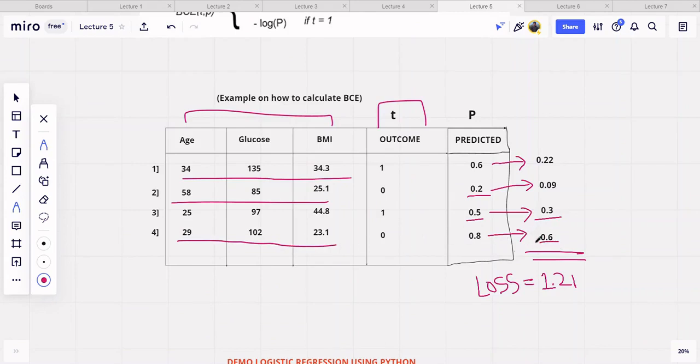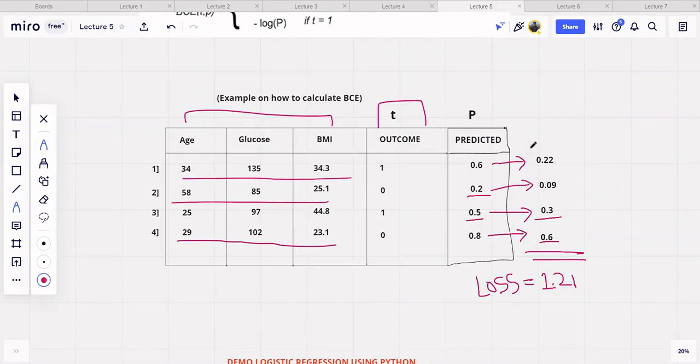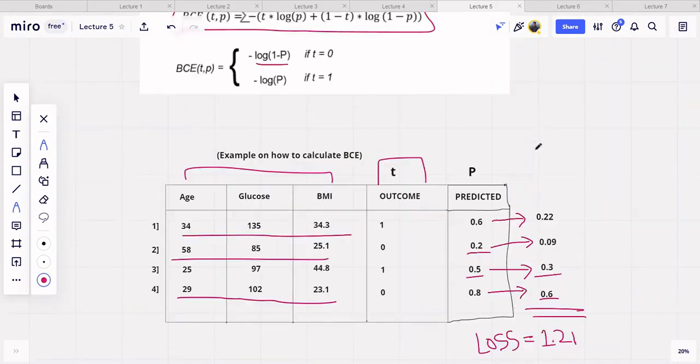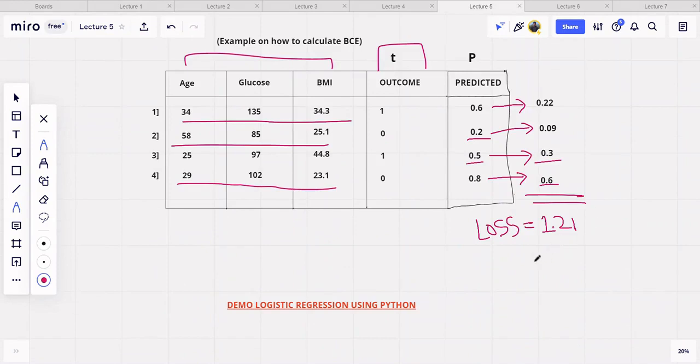Once we do this for all our samples, all we have to do is add them up, and the answer that we get is 1.21. So this is our loss.